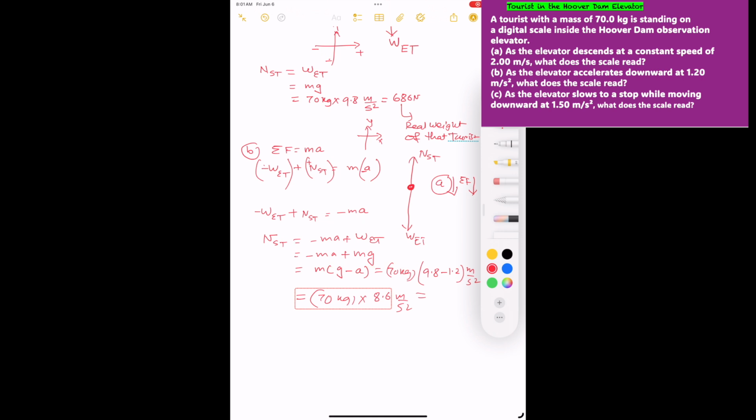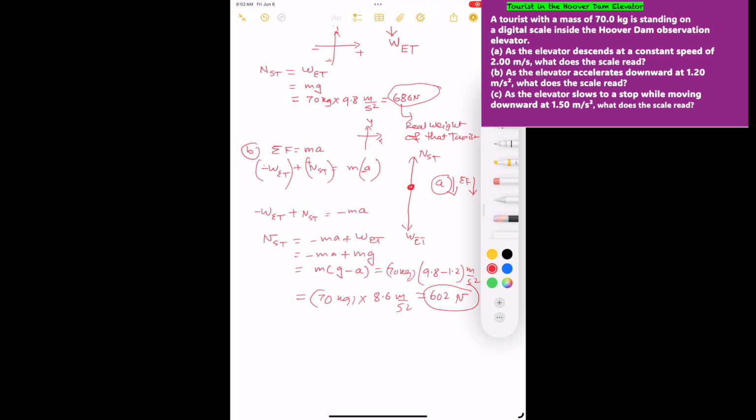So kilogram meter per second squared is Newton, so you will get 602 Newtons. You see here, the real weight of that person is 686 Newtons. But when that person is inside the elevator and tries to take his weight using the scale, it only shows 602 Newtons.